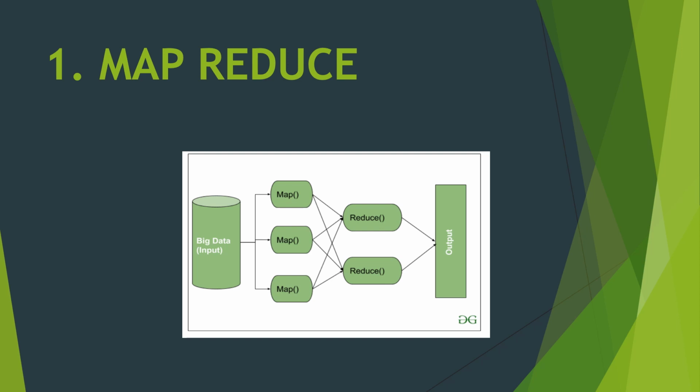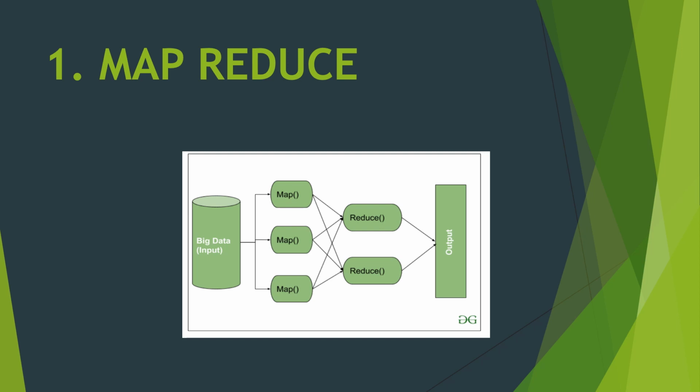The reduce function combines these broken tuples or key value pairs based on their key value, forms a set of tuples, and performs operations like sorting, summarization, etc., which are sent to the final output node. Finally, the output will be obtained. The data processing is always done in the reducer depending upon the business requirements of that industry. This is how the map function and the reduce function are utilized.